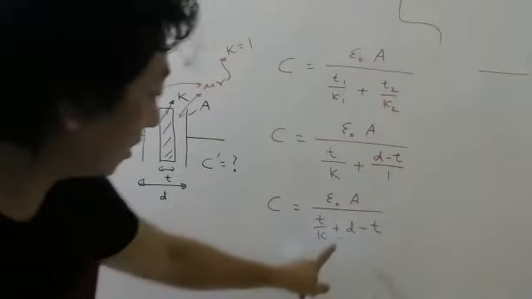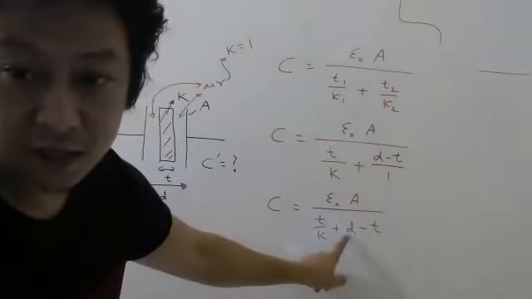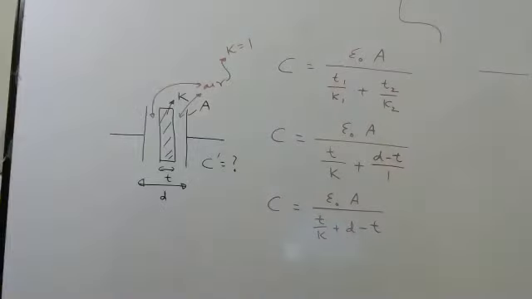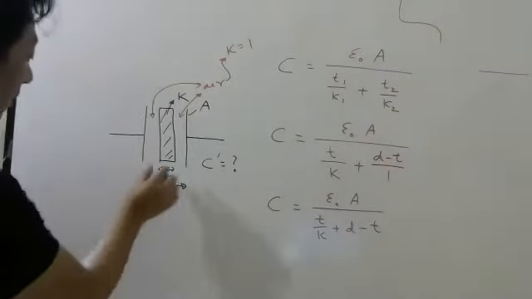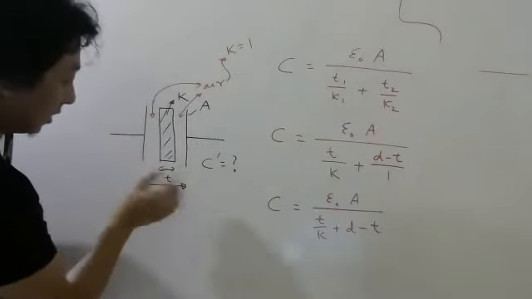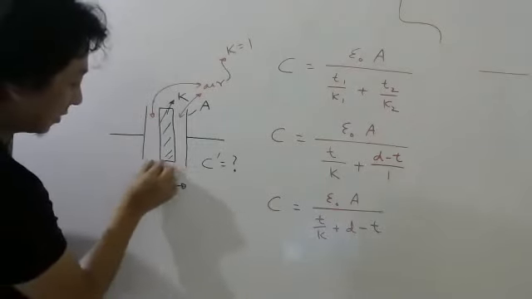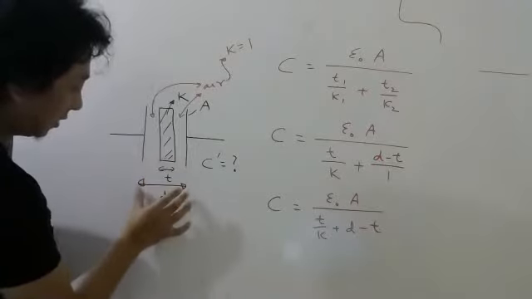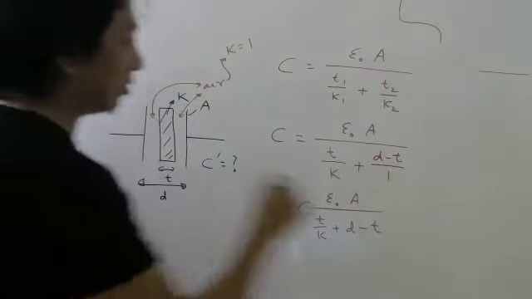Lakshmi, you have missed D. Because in this much thickness, what is there? Dielectric. Remaining thickness is this plus this, which will be D minus T. You all understood, no?